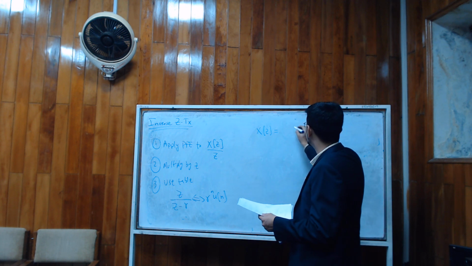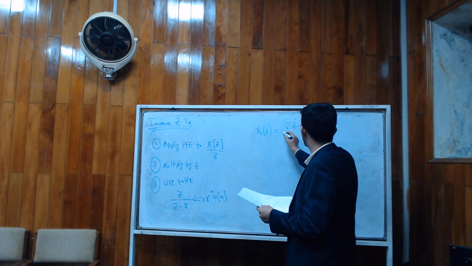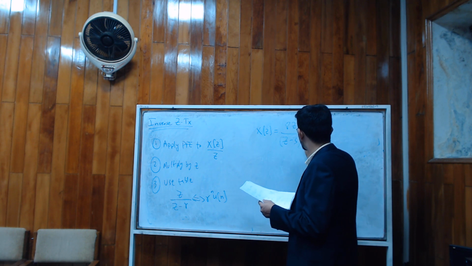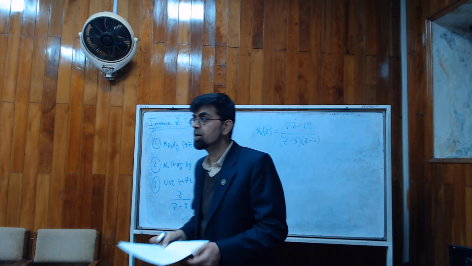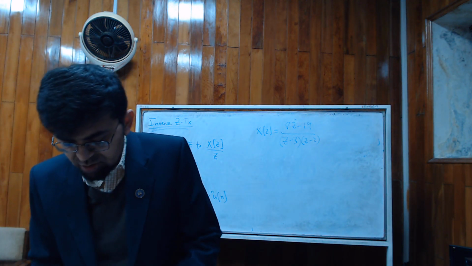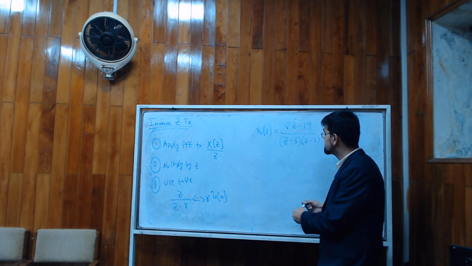So I give you (8z minus 19) over (z minus 3)(z minus 2). Those of you who remember partial fractions will know how to start. Usually, what's the goal of partial fractions?